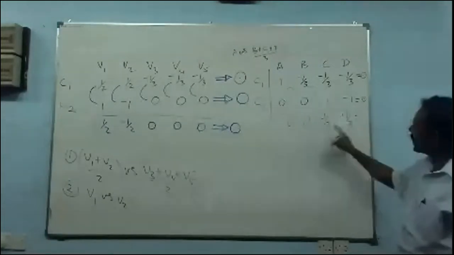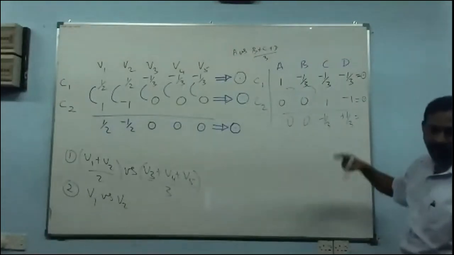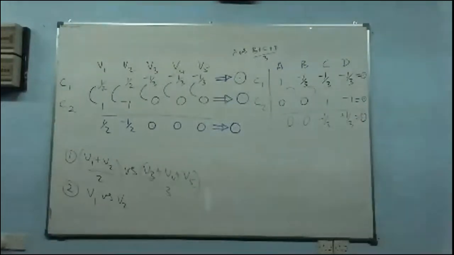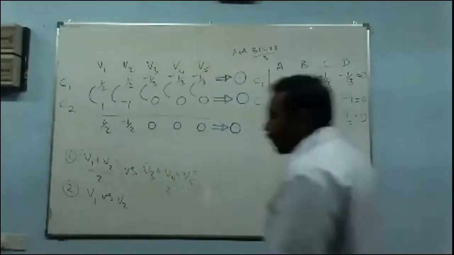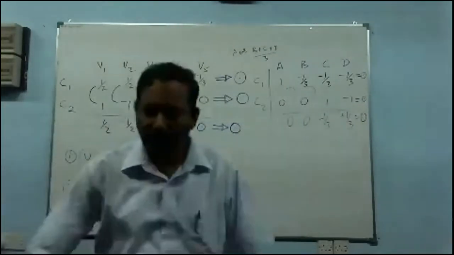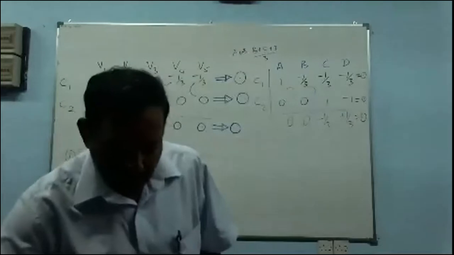So if you add these coefficients after multiplication, again it is 0. You see? So this is what is called orthogonal comparison.